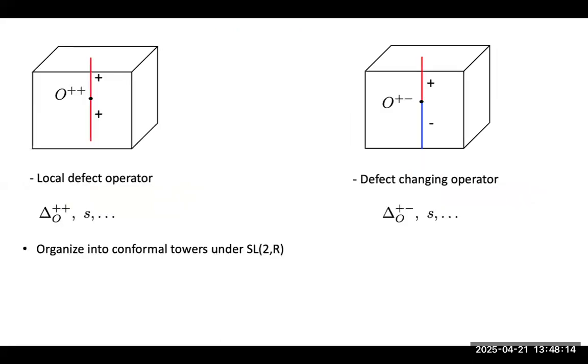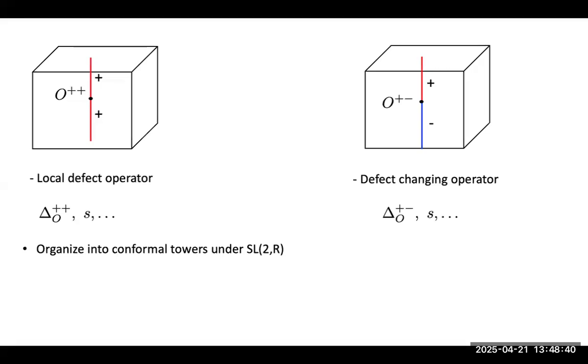And of course, these defects come with their own spectrum of local operators localized on the defect. And we can organize them into towers under the remaining conformal symmetry SL(2,R), and they're going to be characterized by the scaling dimension and the spin associated with this transverse rotation around the line.